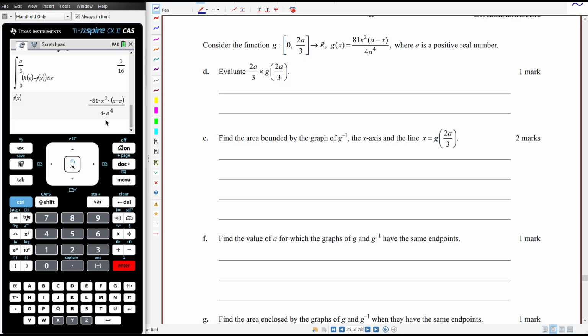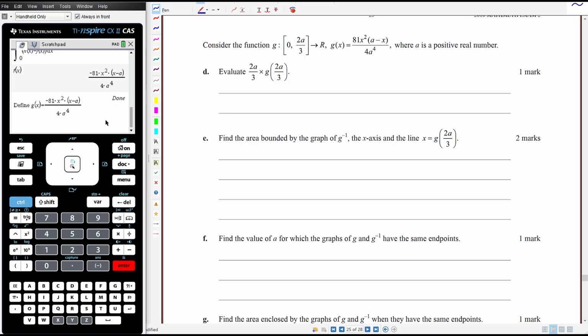So just so I don't get confused with my CAS, I'm also going to define g of x as being that same thing. A is a positive real number. Evaluate 2a on 3 times g of 2a on 3.